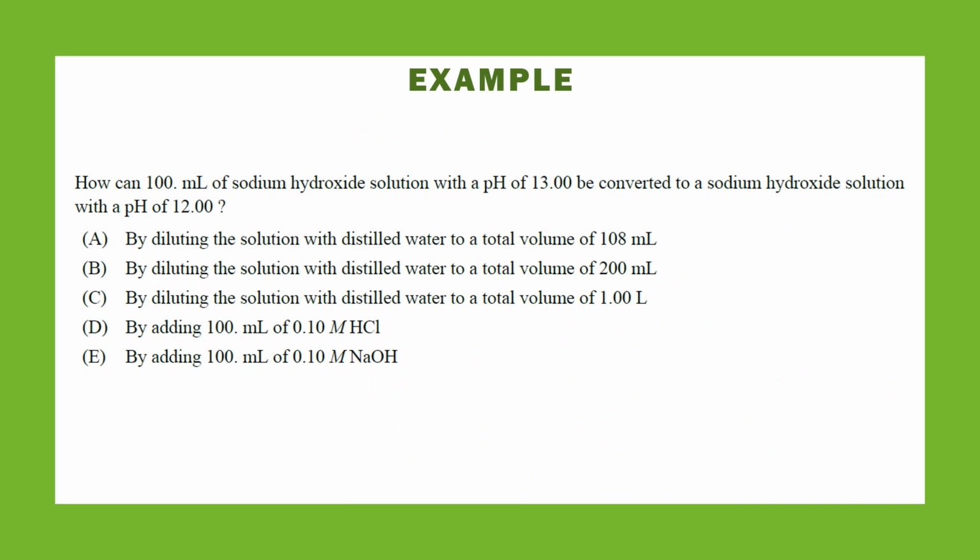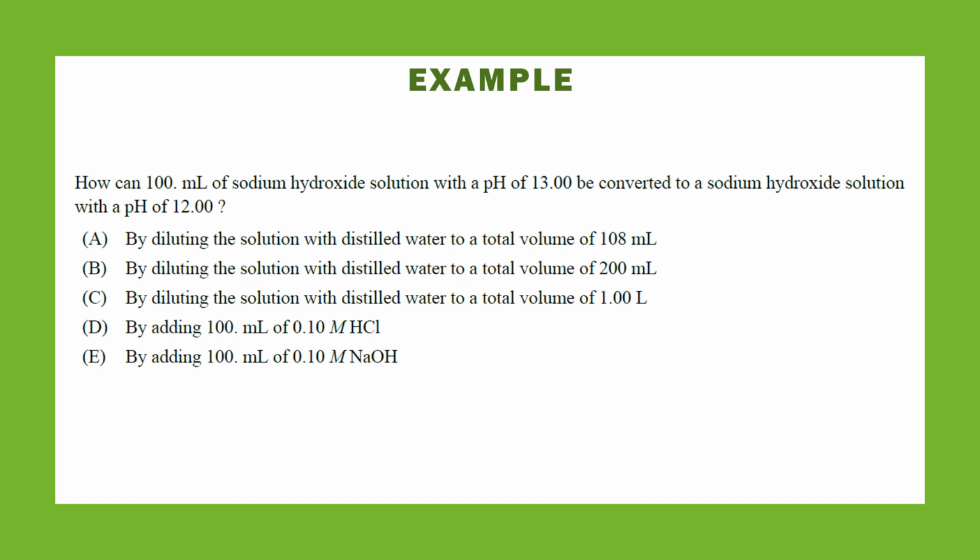Okay, so how can a 100 milliliter sodium hydroxide solution with a pH of 13 be converted to a sodium hydroxide solution with a pH of 12? Okay, so I'm going to go ahead and do this the mathy way because you guys are allowed to use calculators now on the multiple choice.